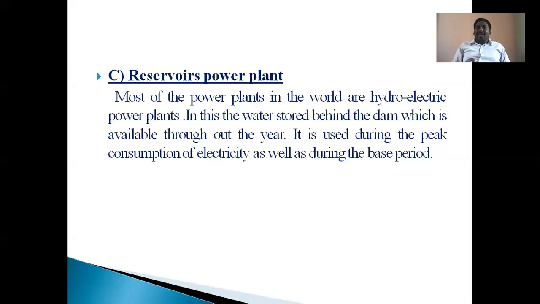Base period means the actual demand in the distribution system, the base demand of the distribution system. That type of base demand can be served by this reservoir type of power plant. These are the three types of hydroelectric power plants based on the availability of water flow through the hydraulic system of hydroelectric power plants.